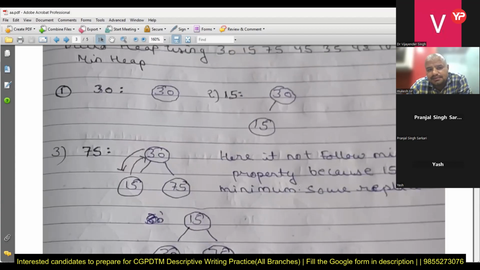So where is your min heap at the second stage? This is not the min heap. Now you have to swap. First you have to write, we are doing the comparison between 30 and 15, as 30 is greater than 15, so there is a requirement of swap. So you have to mention the resultant tree. All the things are missing here, and the array representation for each step is missing here.